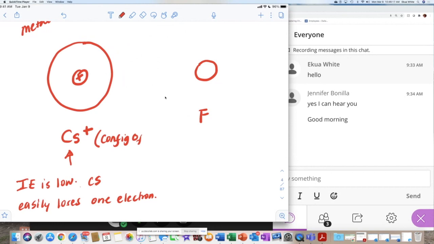Cesium is right here, Cs, of xenon, but it has a positive charge. So the ion is smaller than it was before, but not smaller than fluorine. Whoa, not smaller than fluorine, but smaller than what it was before.